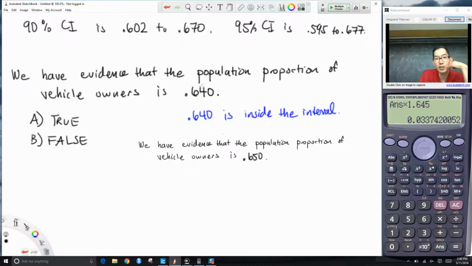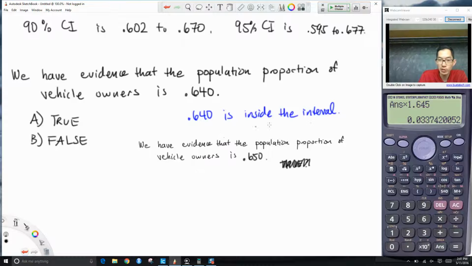Those of you who said true here, you'd have to also say true here, right? If you said true up here, there's no reason to say something different down here, because 0.650 is also in the interval. But how can this be the case? How can we say the population proportion is 0.640, and at the same time the population proportion is 0.650? It doesn't work out. You cannot have this.